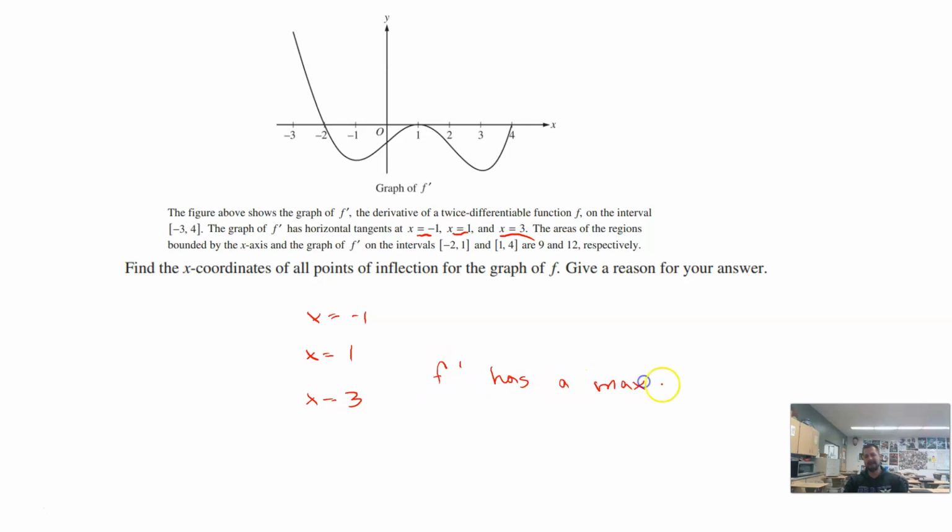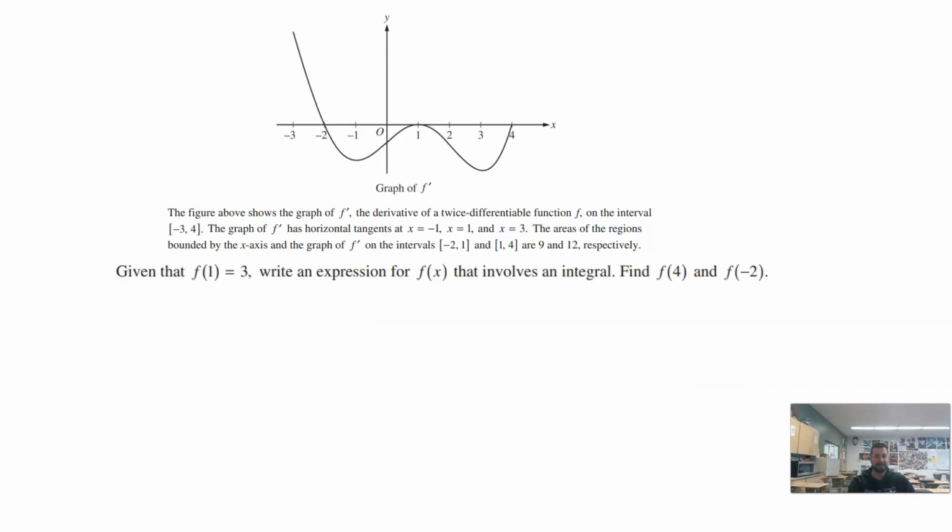Anytime we have a max or a min on the derivative graph, that means that the second derivative is equal to 0, which means we have a point of inflection on the original function. So again, pretty easy on that one. I think this is one of the easier problems I've seen when it comes to graphical analysis, as long as you know your vocabulary and what you're looking for.